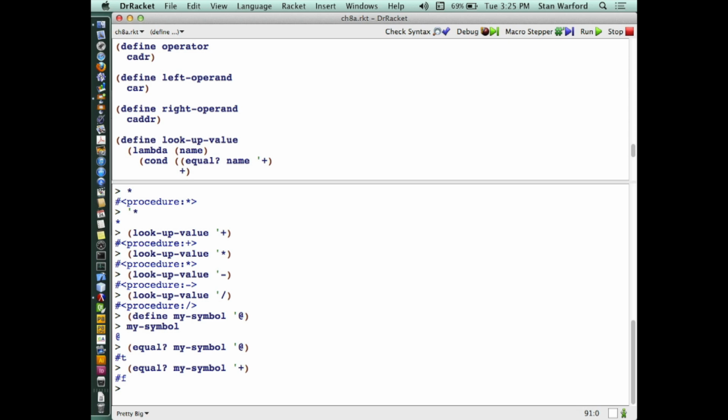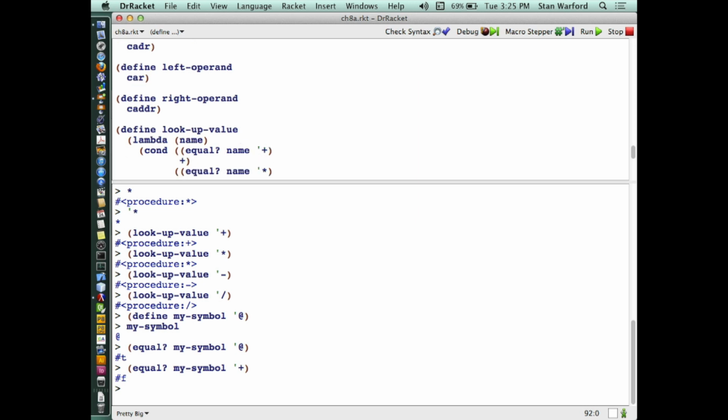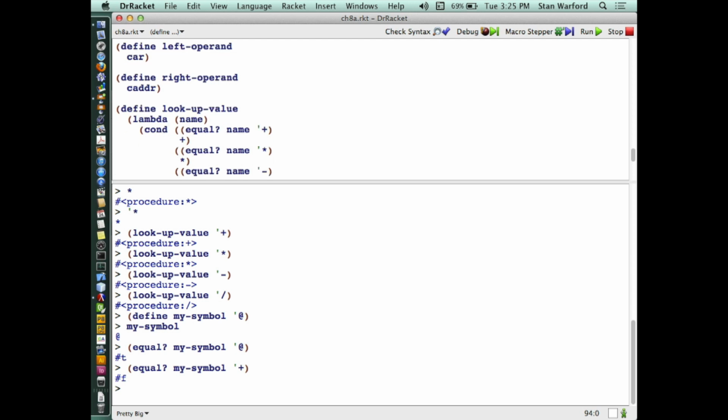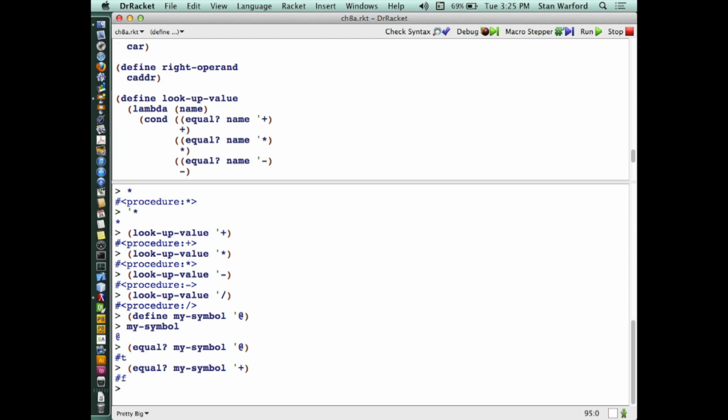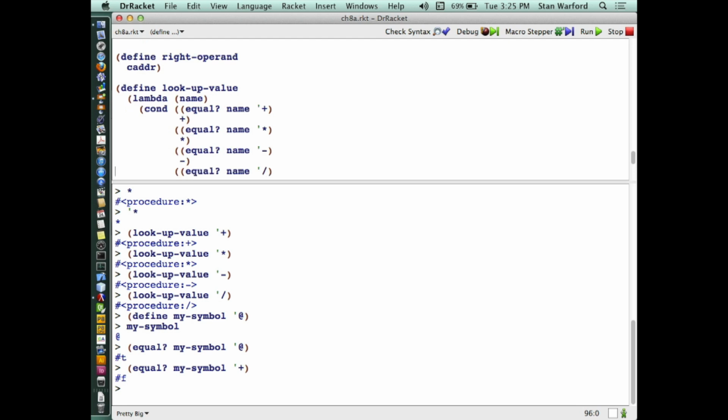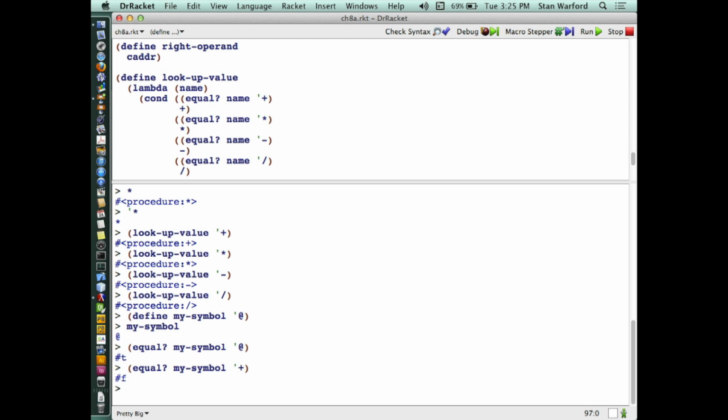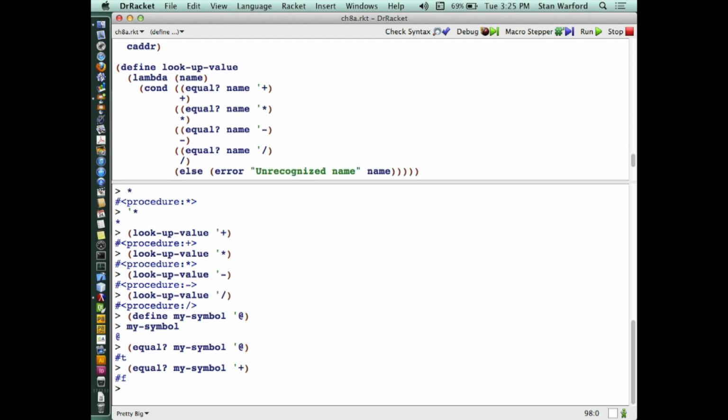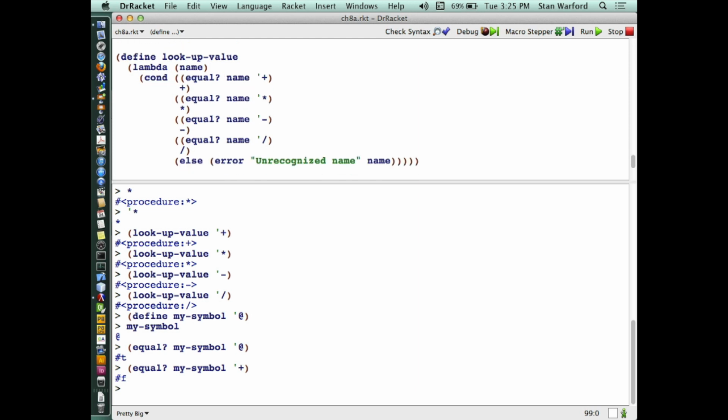And then obviously, what's the rest of it? Equal name star, return what? Star. Equal name hyphen, return the minus function, and equal name slash, return the divide function. Is everybody with me? Else error, unrecognized name. Are we good? Okay.